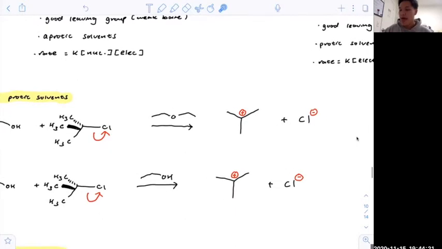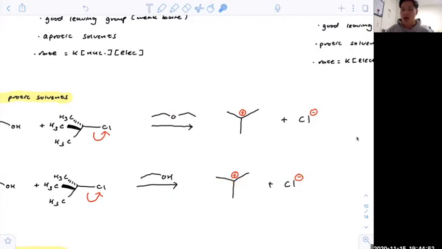You remember protic solvents, like the one I've shown here, ethanol, can form hydrogen bonds, right? But if we have an aprotic solvent up here, which is diethyl ether, they're not able to form hydrogen bonds. So if I'm a solvent able to form hydrogen bonds with other electronegative elements, I have an electronegative chlorine here, and I also have a positive here.